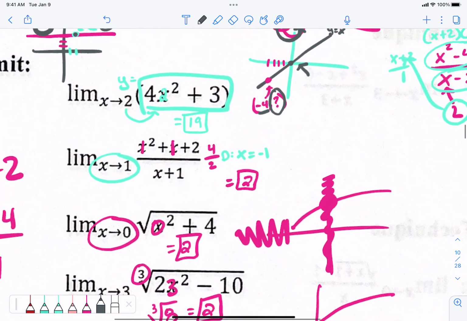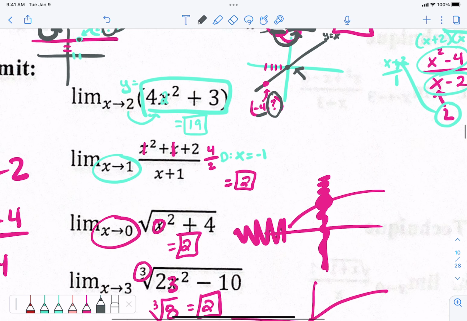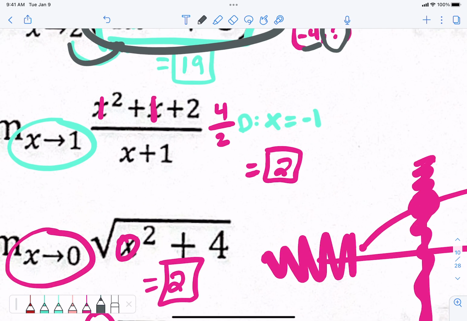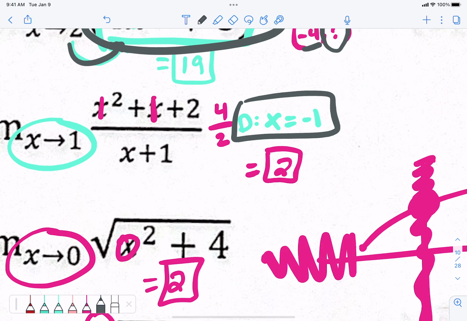These 4 problems that we did yesterday, we just plugged the numbers in. 4x squared plus 3 is just a parabola. It's not going to have any holes, jumps, skips, or vertical asymptotes, so it's going to be okay. The second one has a vertical asymptote. The domain is that x can't be -1, since x plus 1 is the bottom. But that's not where I'm looking for my limit.